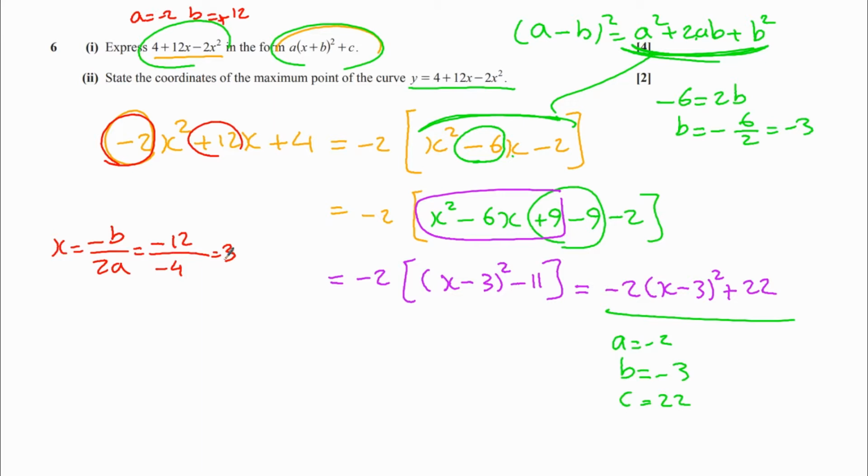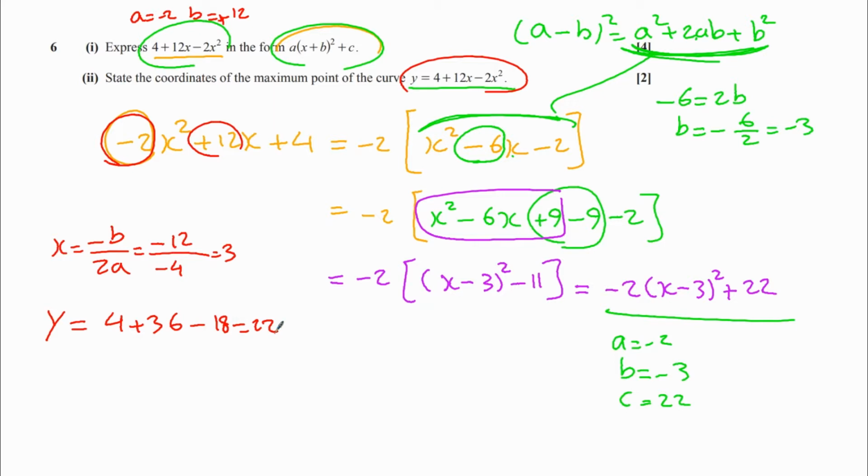If I put x equal to 3 back into this equation, my y would be equal to 4 plus 36, which is 12 times 3, minus 2 times 9, since 3 squared is 9 and 2 times 9 is 18. So this would be 18 plus 4, which is 22.